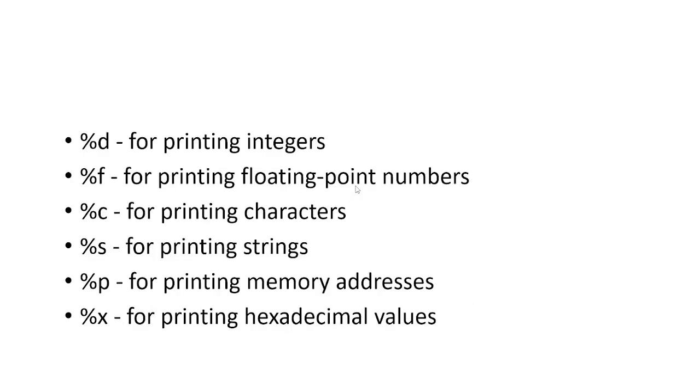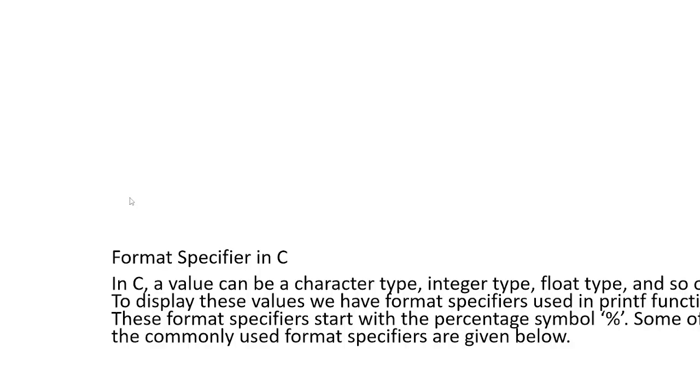We just discussed that %d is for printing integers, %f is for float, that is a value with fraction, %c is for characters, %s is for string, this is for memory address, this is for hexadecimal values. These are the format specifiers for the printf statement.